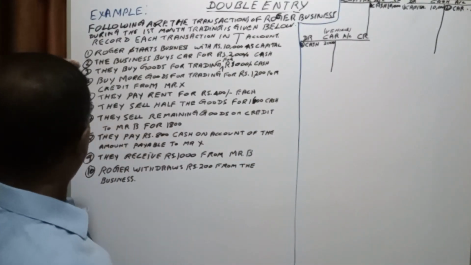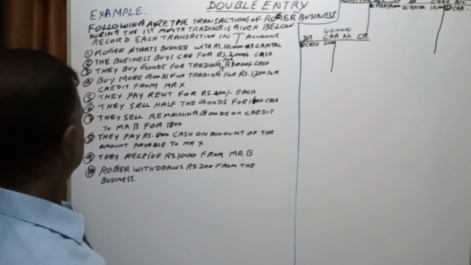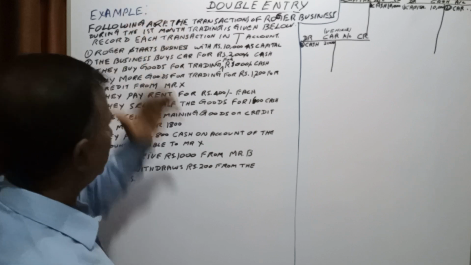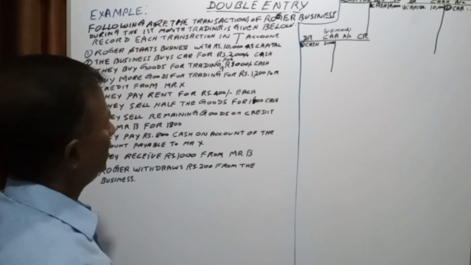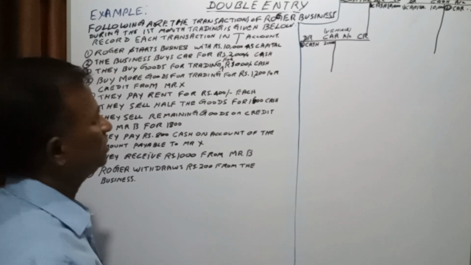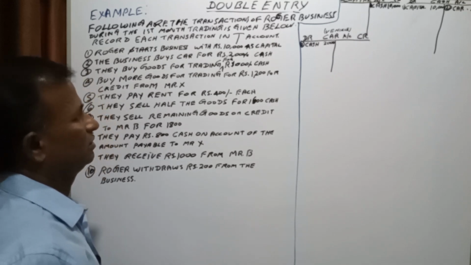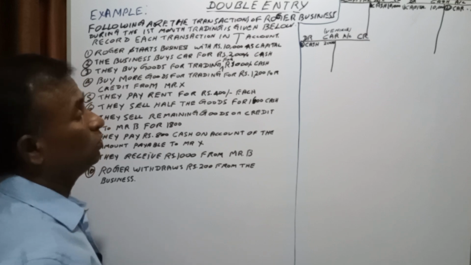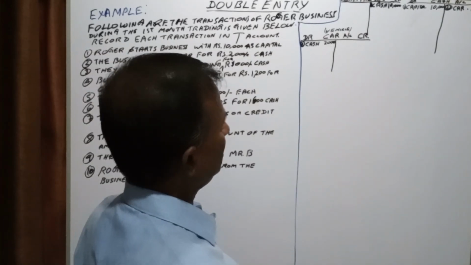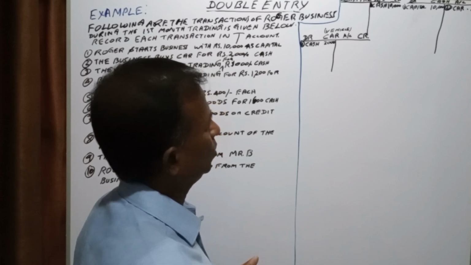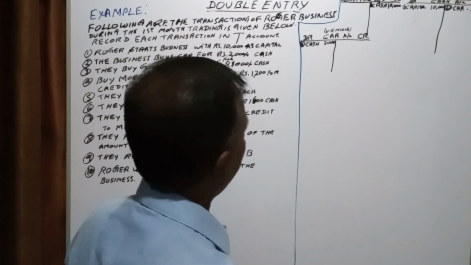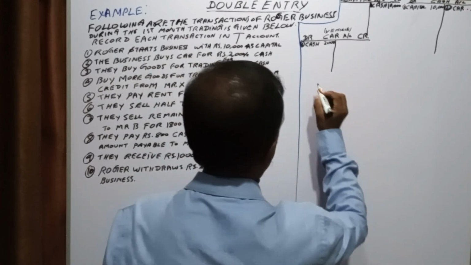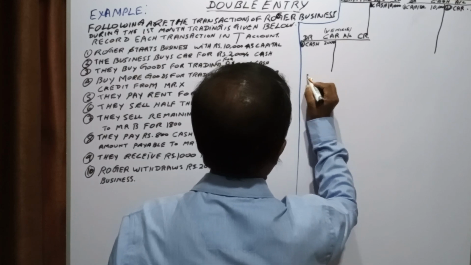And when we come to the third adjustment, they purchased goods for trading for rupees 1000 cash. For 1000 rupees they are purchasing the goods. Then what do we have to do? Purchasing. We have to open another account called purchases.